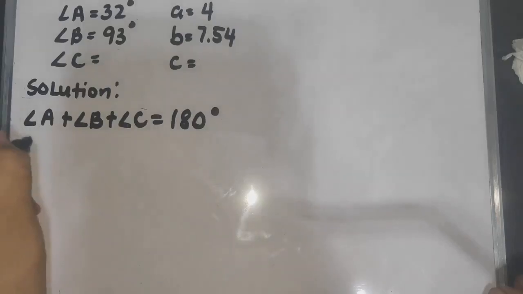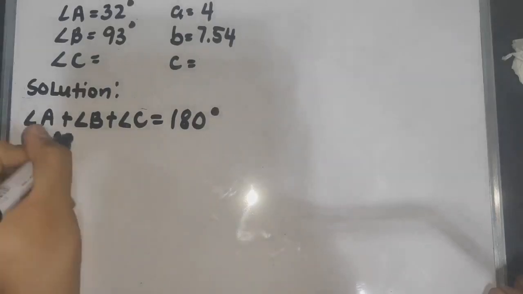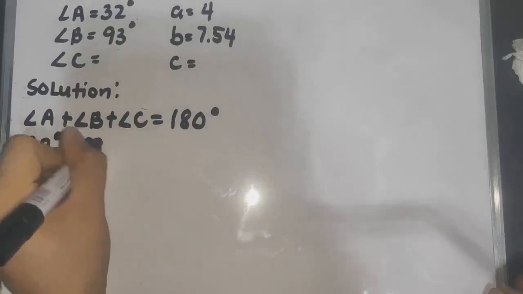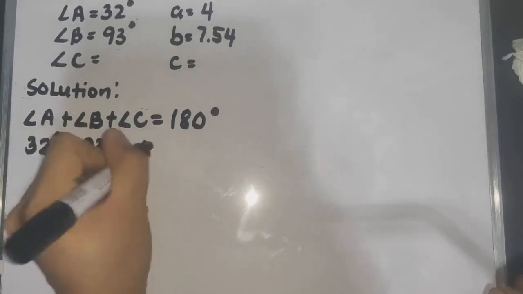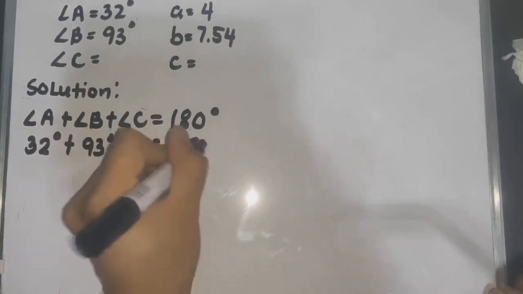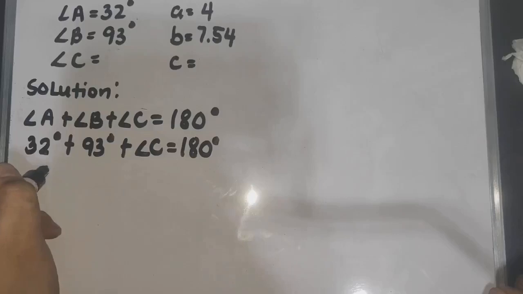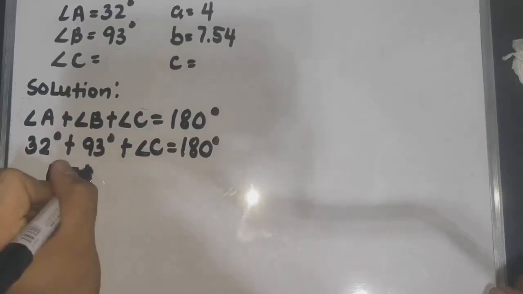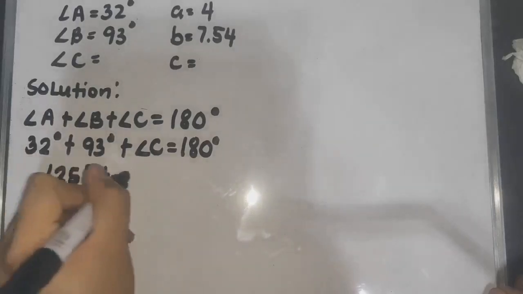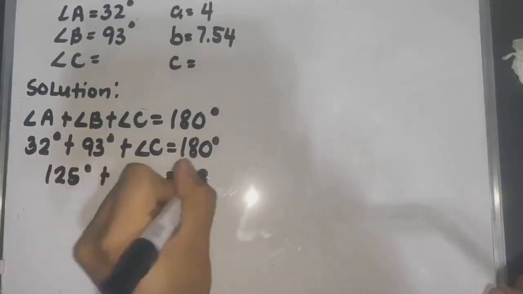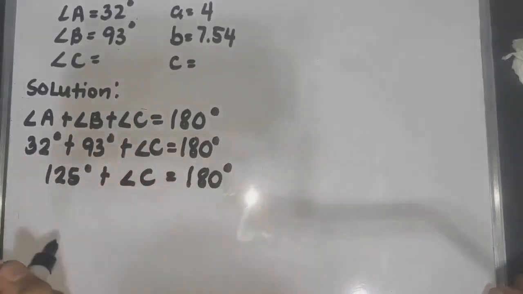So value ng A natin is 32 degrees plus value ng B is 93 degrees plus angle C equals 180 degrees. So i-add natin yung 32 at 93. So 32 plus 93 is 125 degrees plus angle C equals 180 degrees.